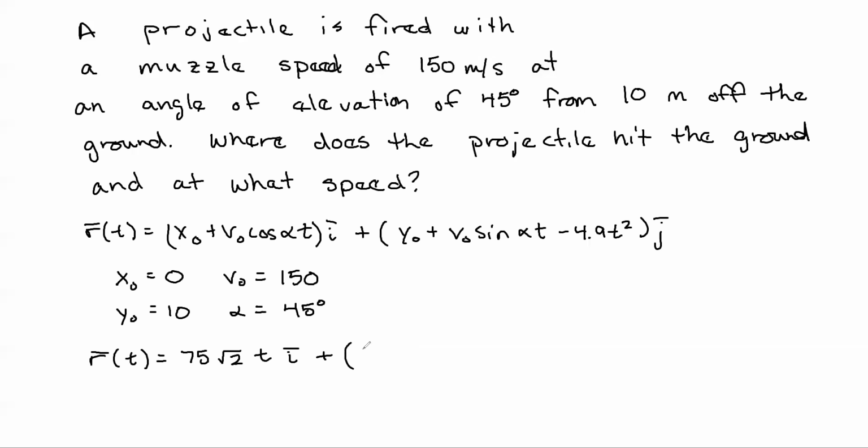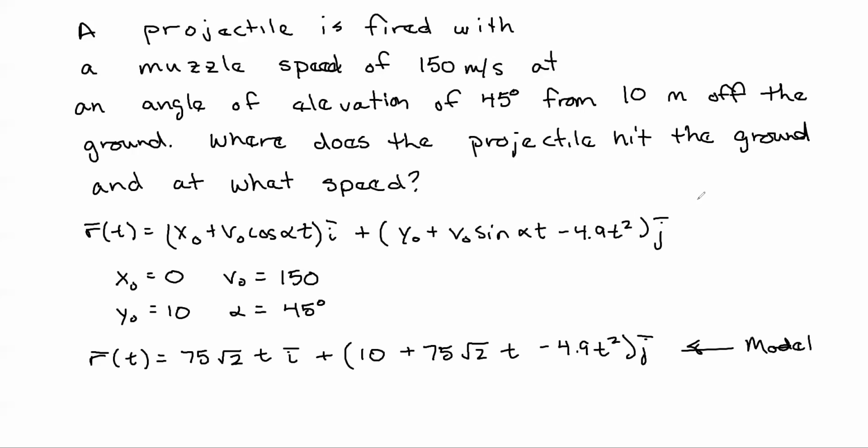And then here we have 10 plus 150 times sine of 45 degrees, which is also 75 square root 2 t, and then minus 4.9 t squared j. That gives us our model for the problem. All right, so with that model, can we go through and answer the questions?